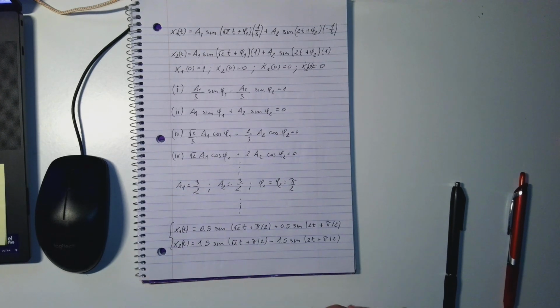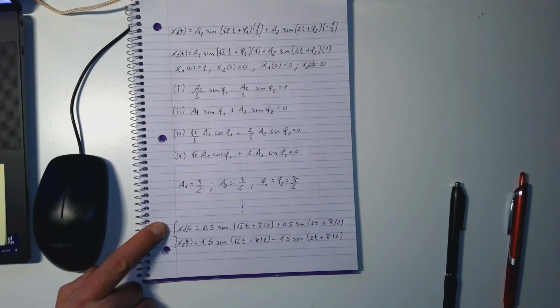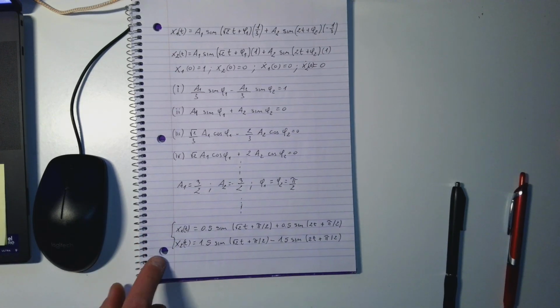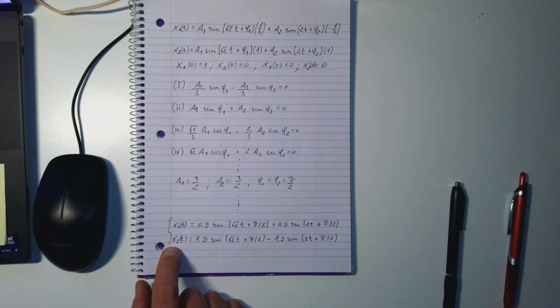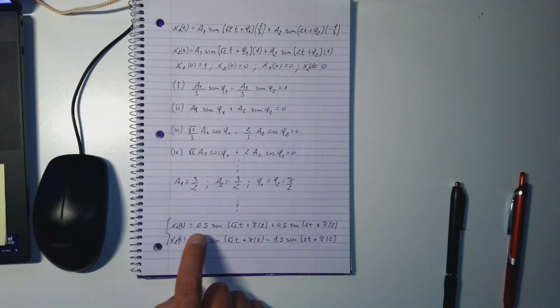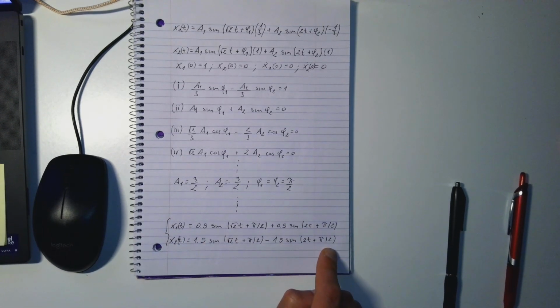So basically now we finally have the final solution, because we have the function that describes the displacement of the first mass, this x1 of t, and the function that describes the displacement of the second mass as well, this x2 of t. And we have all the numbers, because we have all the amplitudes, the frequencies, and the phases.